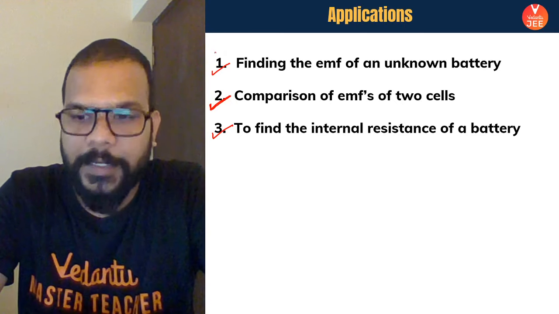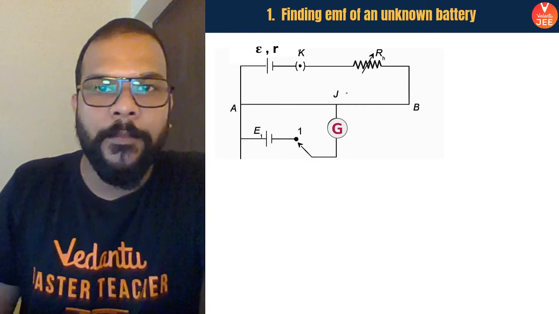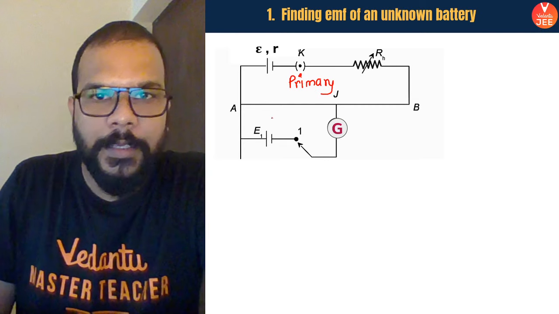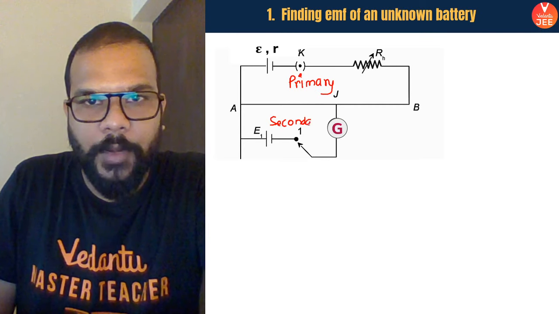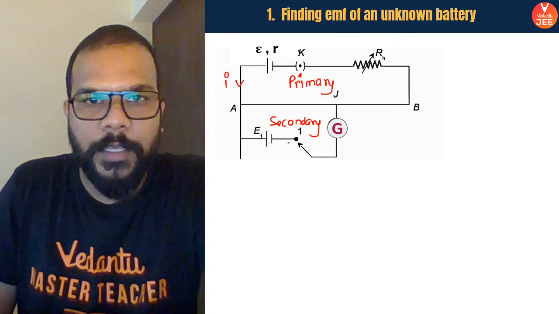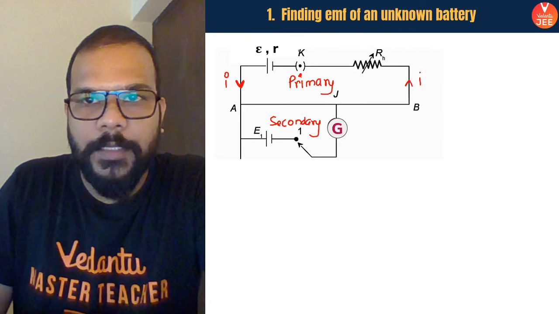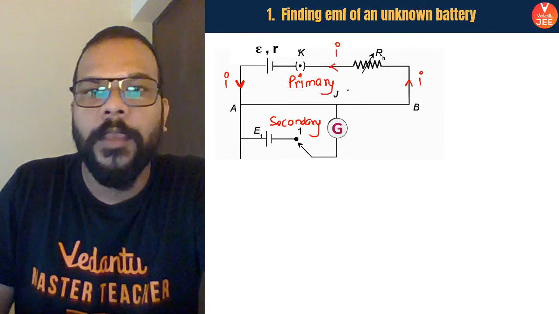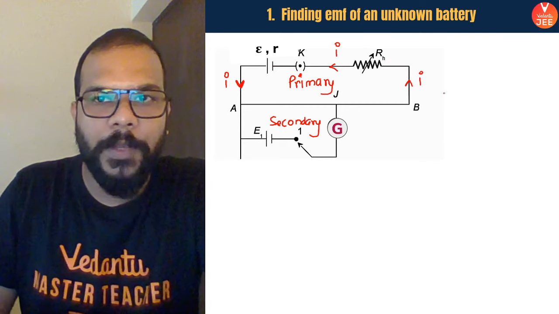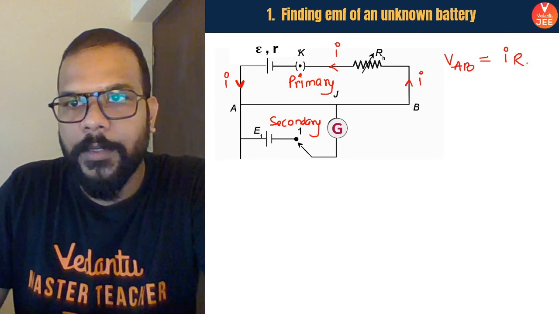Okay, so let's go one by one and find the value of all these unknown quantities. The first thing is to find the EMF of an unknown battery. This is the primary circuit of the potentiometer, and this part is the secondary circuit. In the primary circuit, there is some current I already flowing when the key is not closed in the secondary circuit. Because of this current I, there is a potential drop VAB, which can be found as I into RAB.